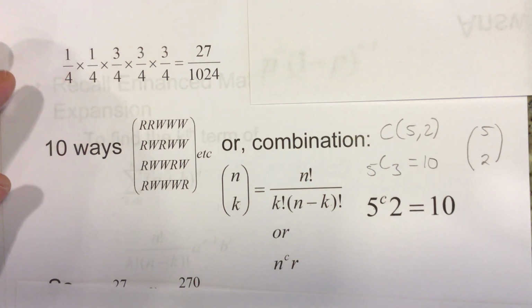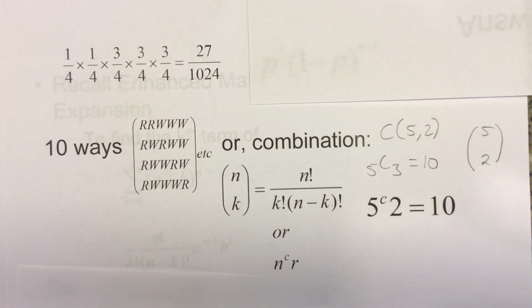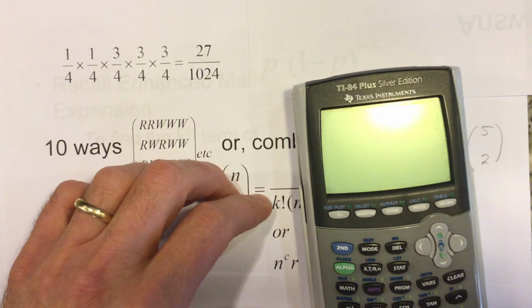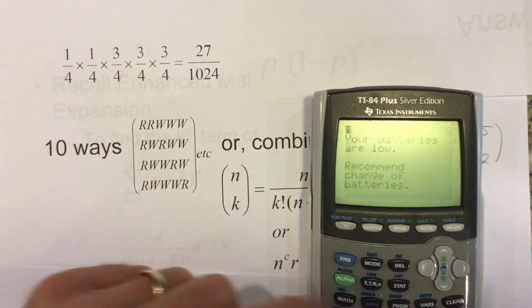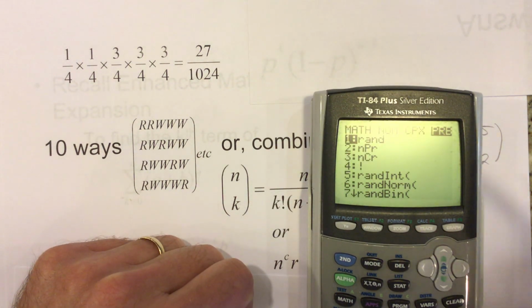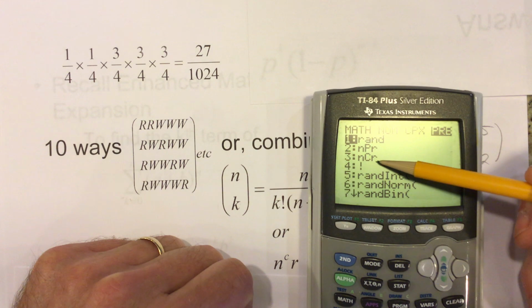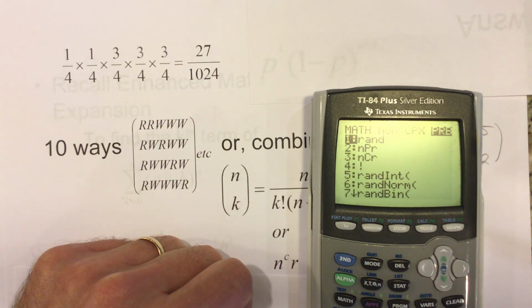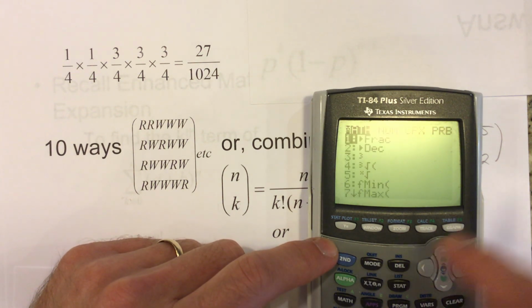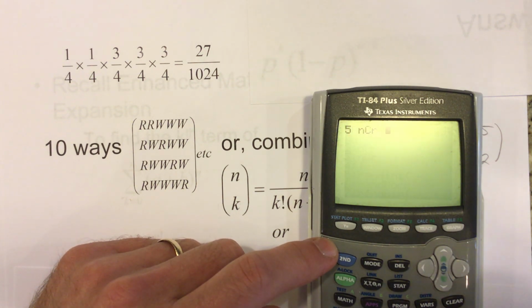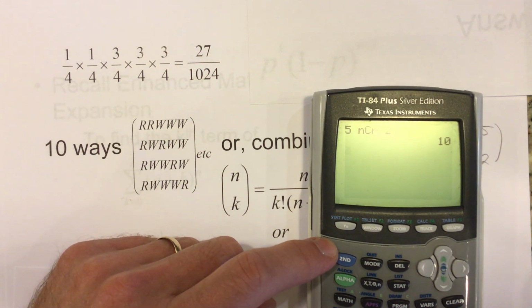On your calculators, just to make sure you know where that is, we go to math, we go to probability. There's the permutation, and number 3 is the combination. So you put in the 5, and then math, probability, nCr, and then the 2, and there you go.